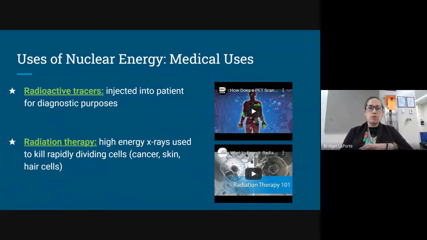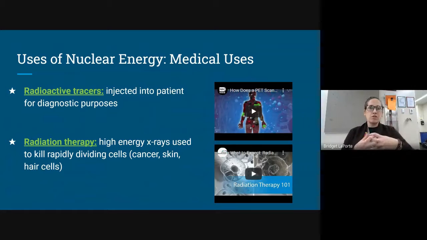The other way in which we use nuclear energy for medical purposes is through radiation therapy. So when patients get radiation, what they are receiving is high energy X-rays that are targeting specific areas in the body that are uncontrollably growing, like cancerous cells or fast dividing cells, like your skin and your hair and things like that.